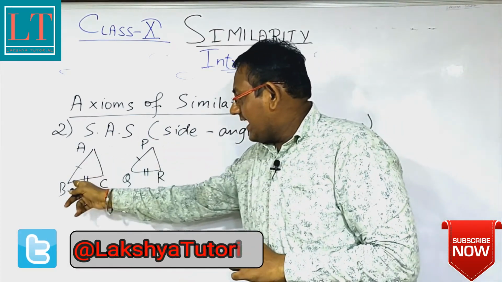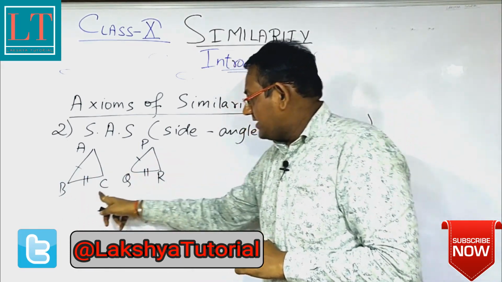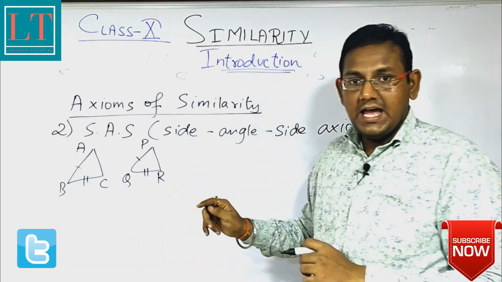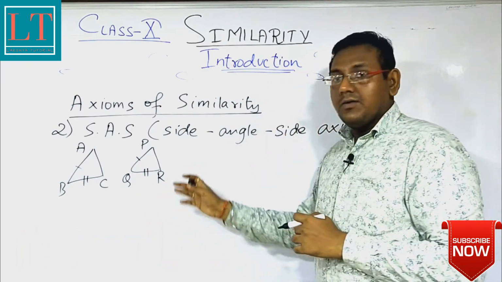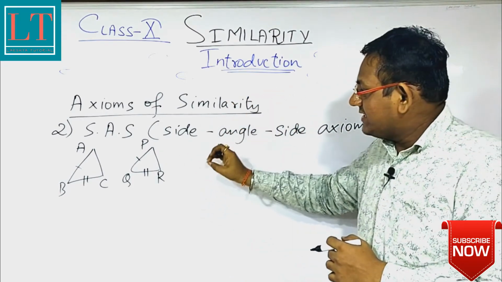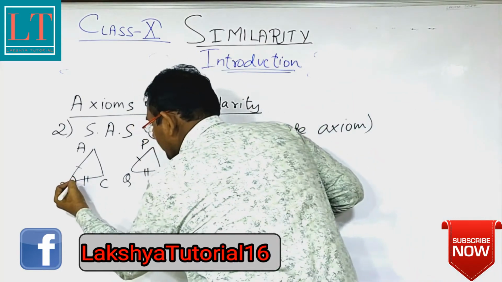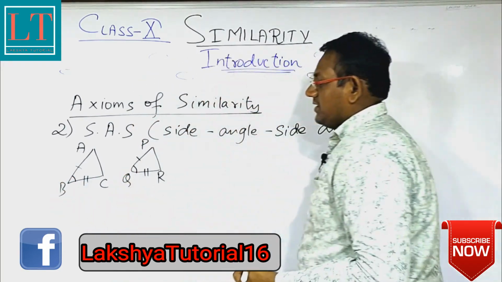So if I am considering AB, I am considering PQ. Similarly, if I am considering BC, I am considering QR. And the angle between these two sides, the angle contained by these two sides, is this angle and the corresponding angle.